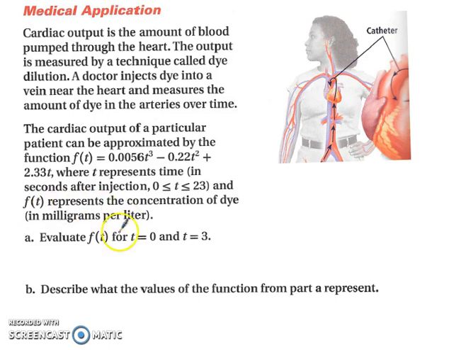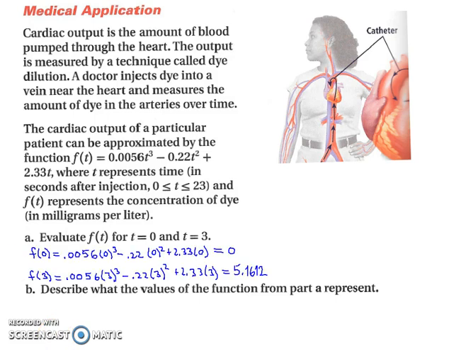So we're going to evaluate t for 0 and 3, so simply substitute 0 in and substitute 3 in. So f of 0 would be 0. F of 3 is going to be 5.1612.